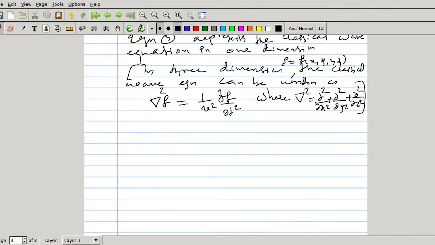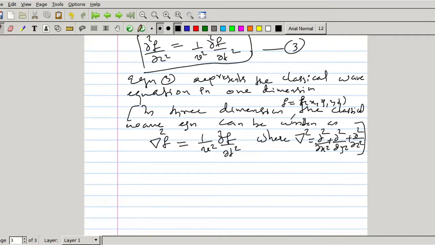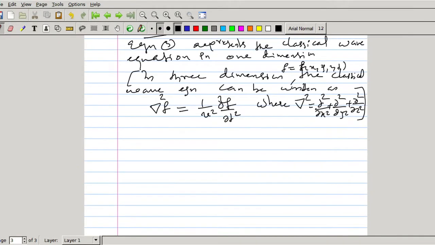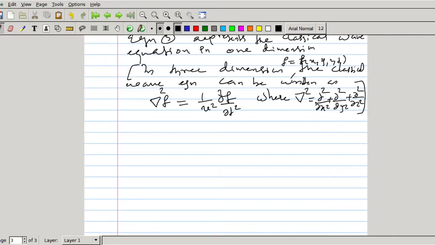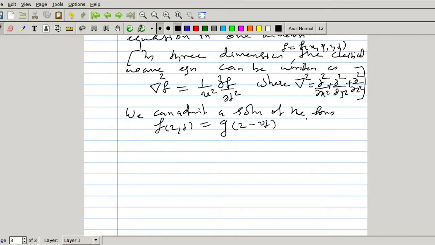So considering the wave equation in 1 dimension, we have ∂²F/∂z² equal to 1 by v square ∂²F/∂t². Equation number 3 will have a solution. We can admit a solution of the form f(z,t) equal to g(z minus vt), a function of z minus vt.